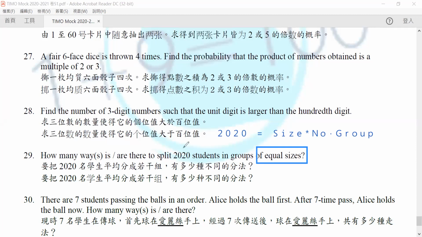So if we write down 2020, it is 2 to the power 2 times 5 times 101. According to the formulas that we previously introduced, the number of factors is 3 times 2 times 2, which would be equal to 12.